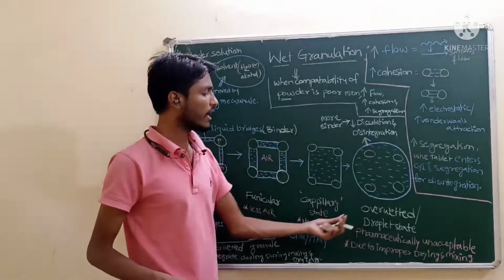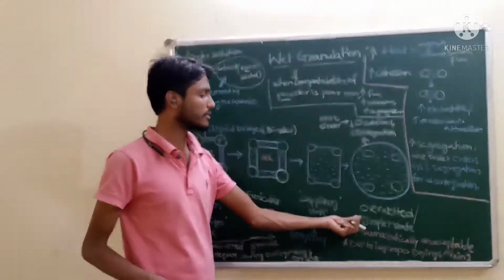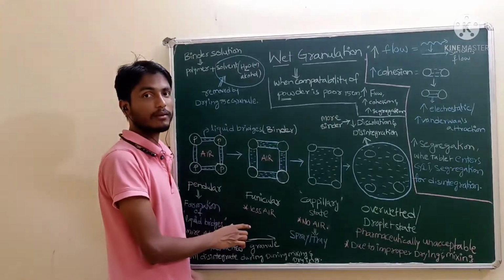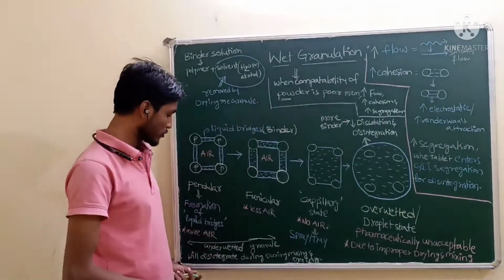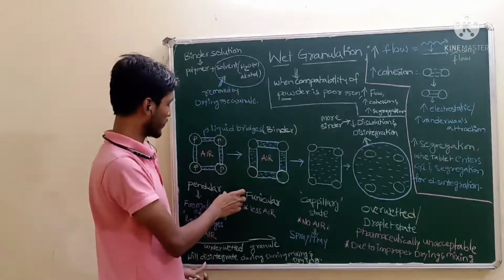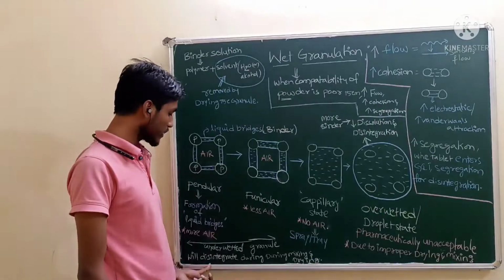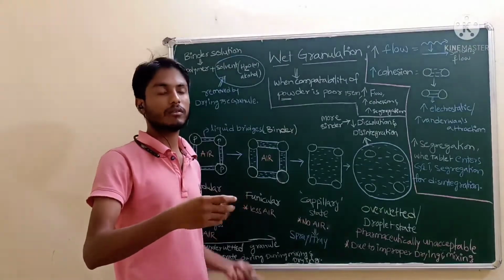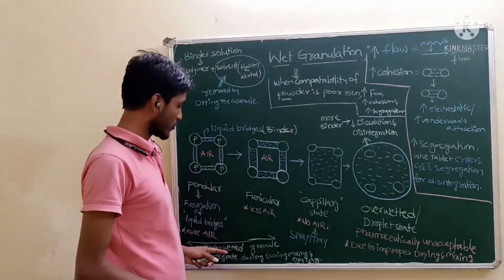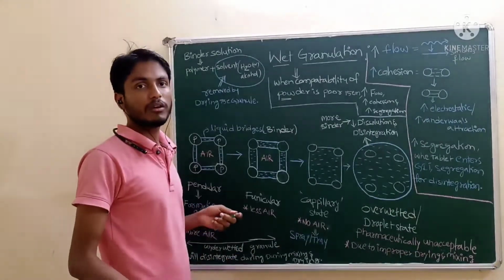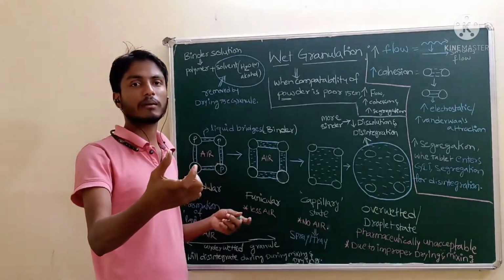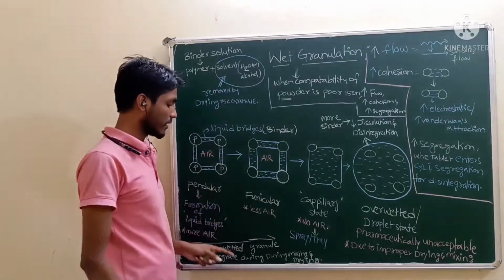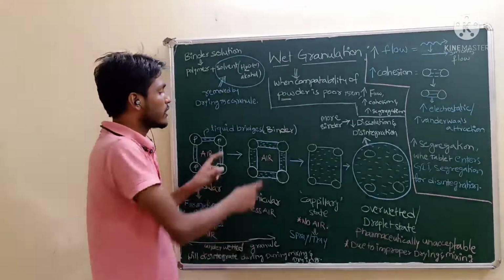Next, this is overwetted; the other is underwetted. The pendular and funicular states are underwetted, meaning less binder is present. If you formulate the tablet using the pendular or funicular state, the granules will disintegrate during the subsequent processes of tablet manufacturing, because of the small amount of binder.